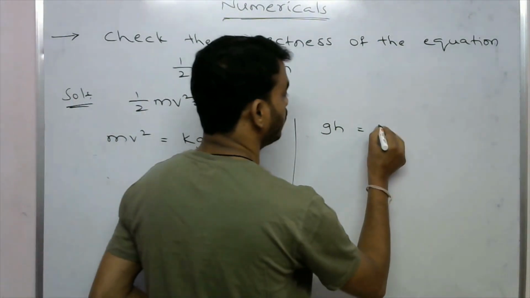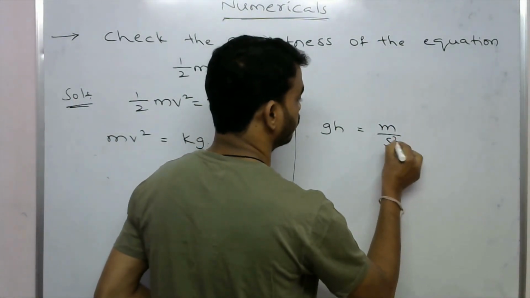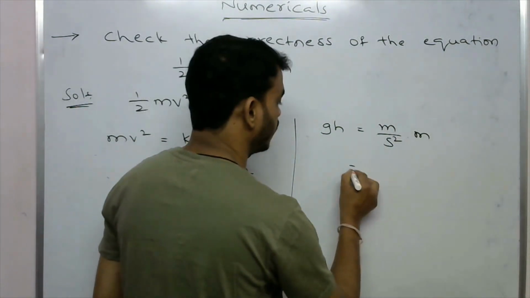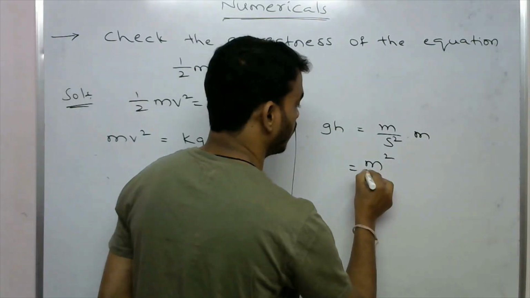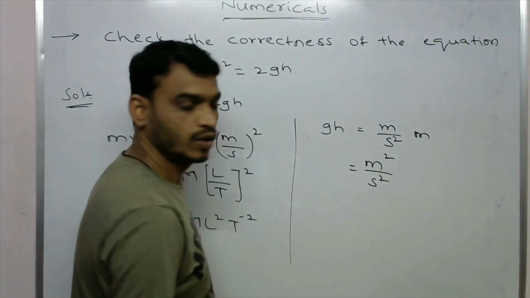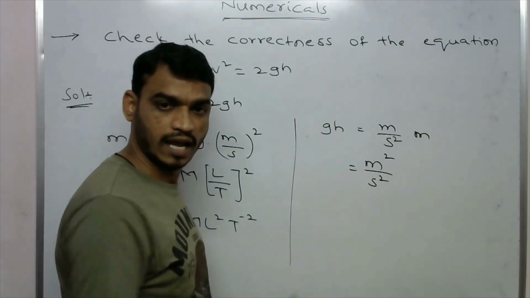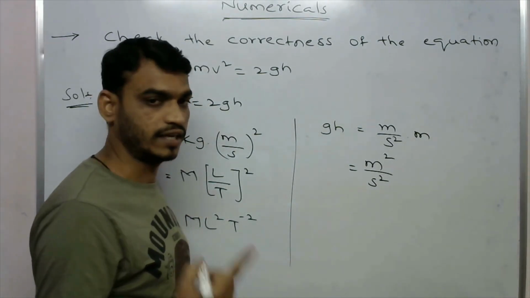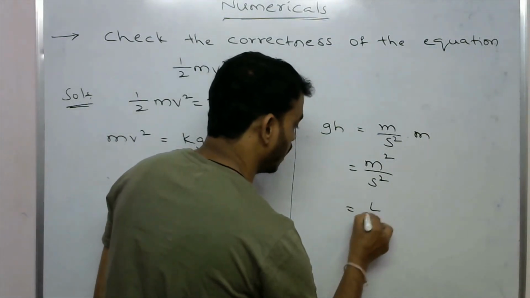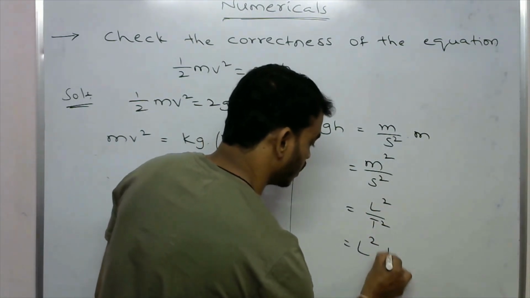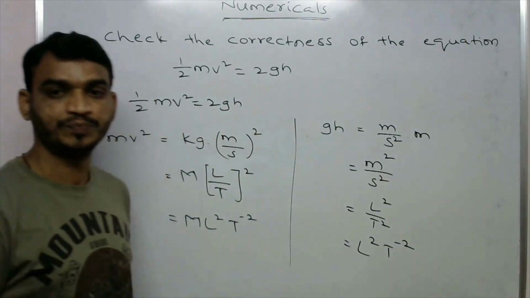So g is meter per second square into height, which is meter. So we can write this as meter square by second square. Meter has the dimension L, and second has the dimension T. So we can write L square by T square. So this one has dimensions L square T to the power of -2.